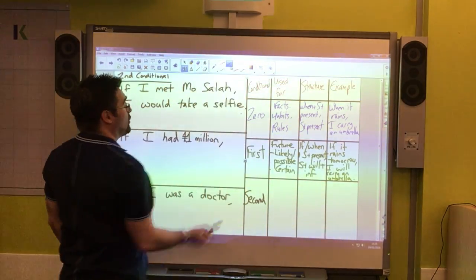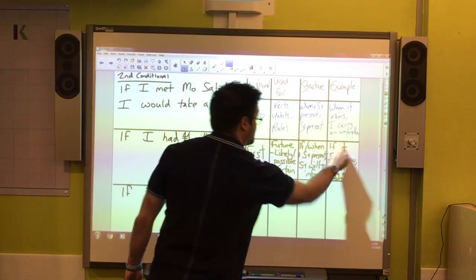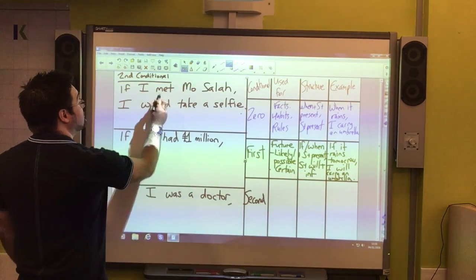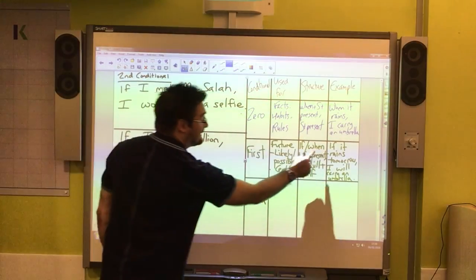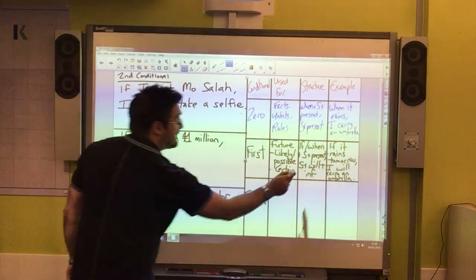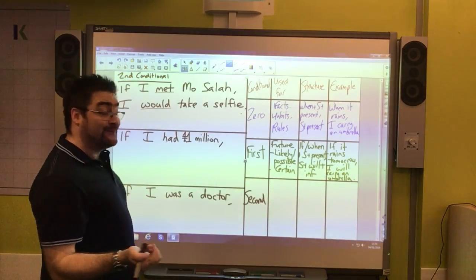So, first of all, what do you notice is different between the first conditional and the second conditional? And what you should notice is that here we have the past simple and here we have the present simple. And also here we have will and here we have would.